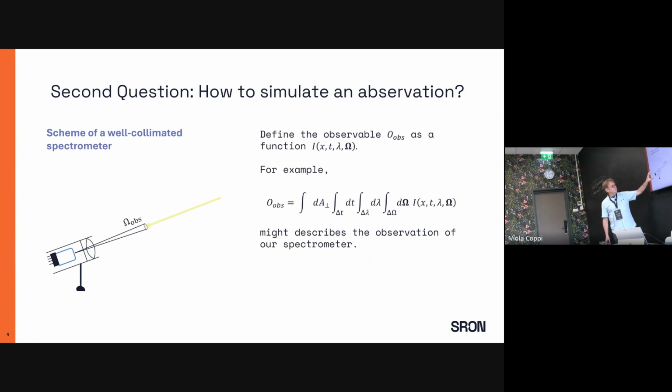And having such a spectrometer, which measures light within a certain opening angle, certain wavelength range, certain pupil size, it is then the integration over the pupil size, time of observation, the spectral range the instrument is sensitive to, and the opening angle of our instrument. So we integrate the radiance over a certain range, and then we finally get our observation, and that we can compare with what our instrument measures.